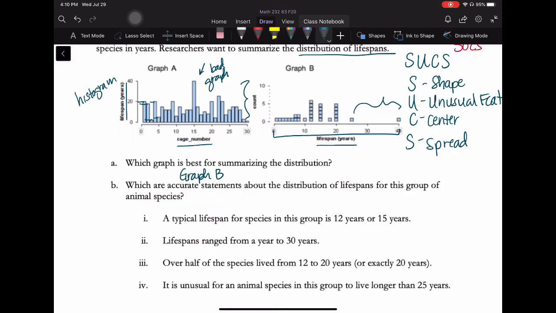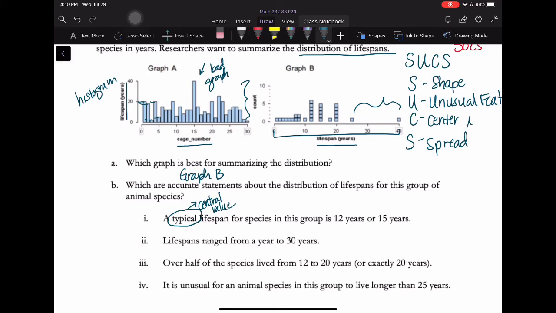For part B, which are accurate statements about the distribution for this group? A typical lifespan for the species is 12 or 15 years. Typical is a word that gets thrown in there, but it actually has a lot of relevance in our class. Typically means a central value. So whenever we say typical, we're talking about a central value.